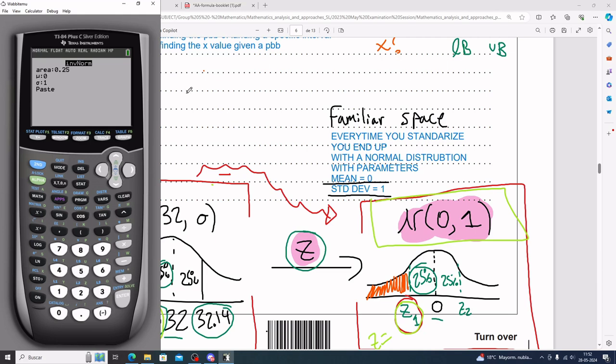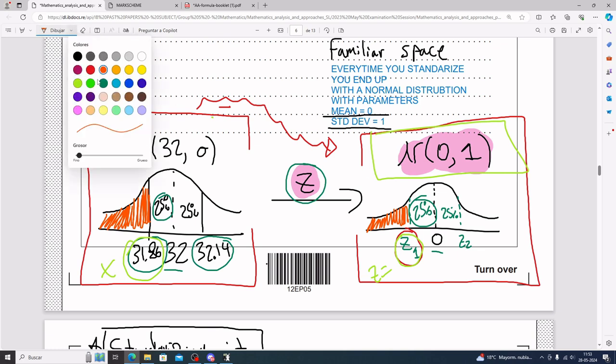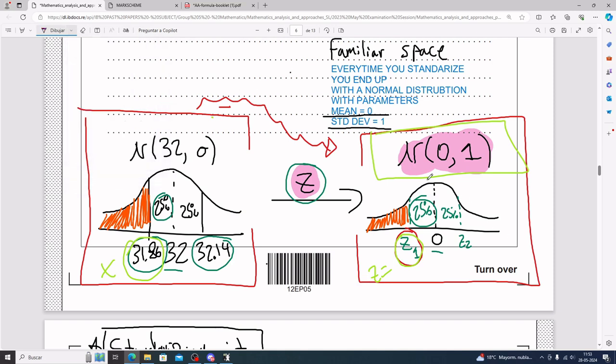Now, why would I do an area of 0.25? Because if you look over here on my graph on the right, you already said that you have the middle 50% because of your IQR. And that actually means, and I forgot to mention this, but it's key now, so I'm going to say it now, that this remaining side over here is the upper 25%, and this remaining side over here is the lower 25%.